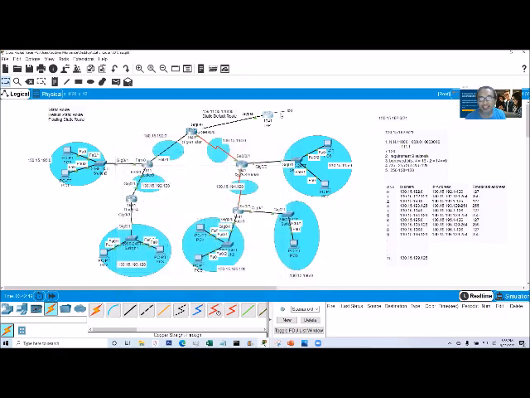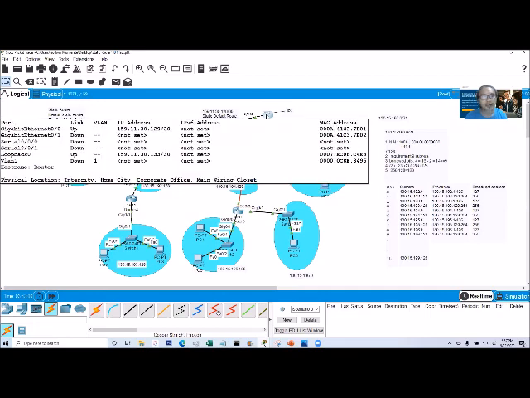Basically, we have created a null interface so that we can check whether this router is working, because we don't have any PCs there. So we are creating a logical interface for the purpose of checking if that IP address is working.